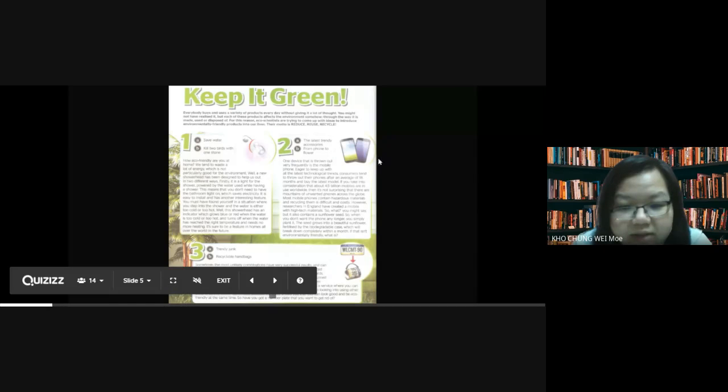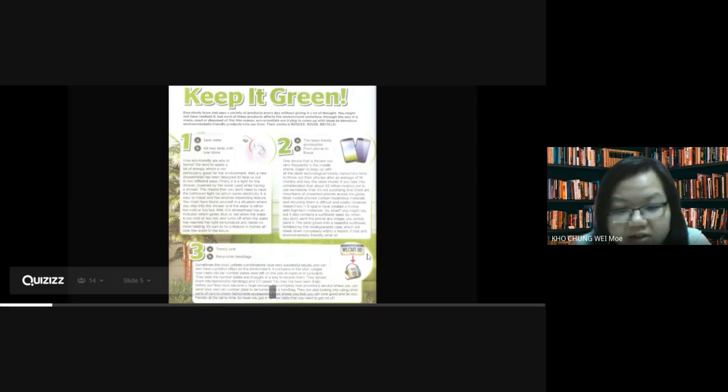And number 2, you have the picture of, I think it's very familiar to all of you, some of you are actually using it now, your mobile phone. And the last picture is not very clear what it is. It looks like a car number plate, and I'm not too sure what this is.